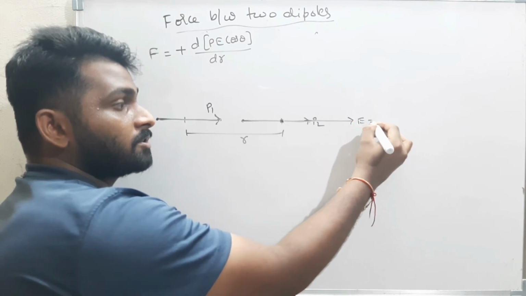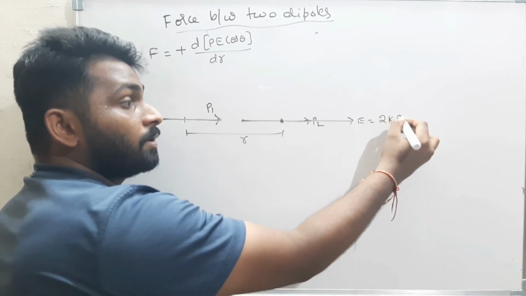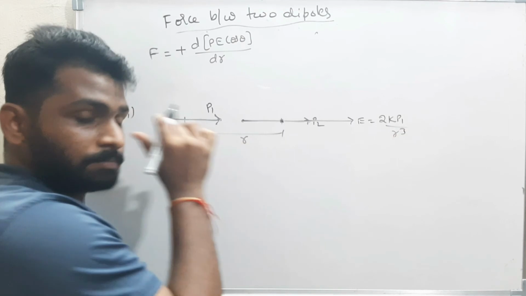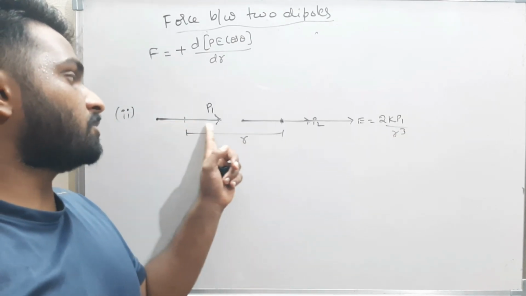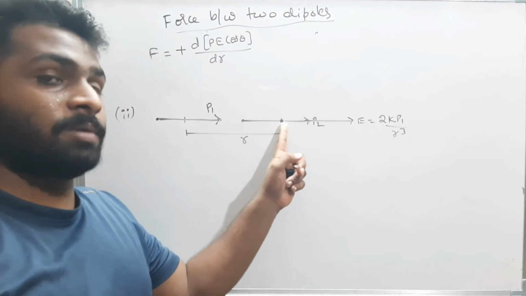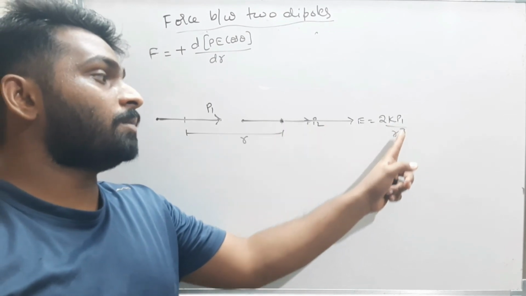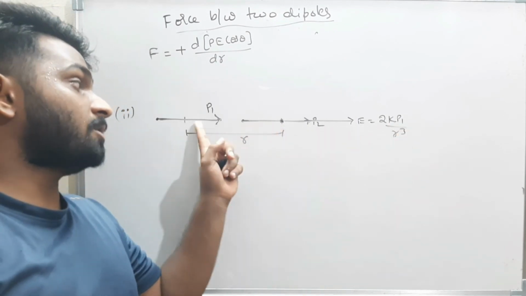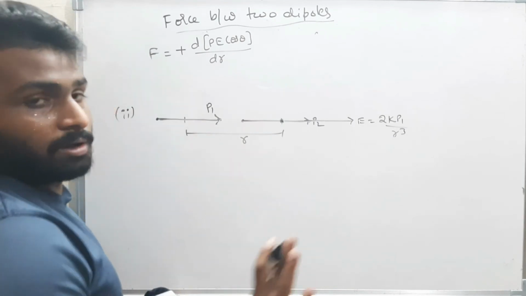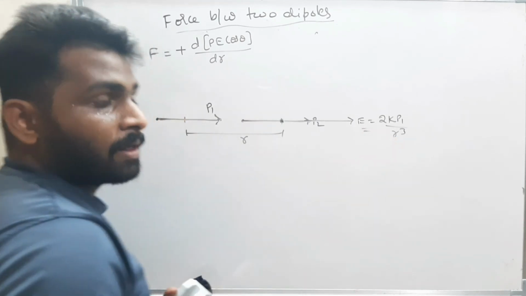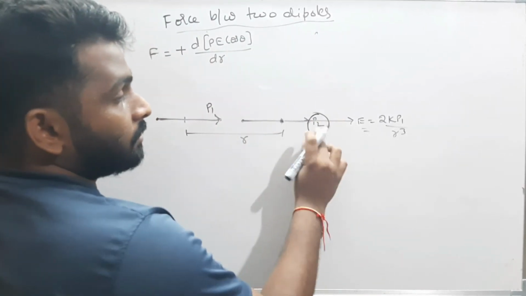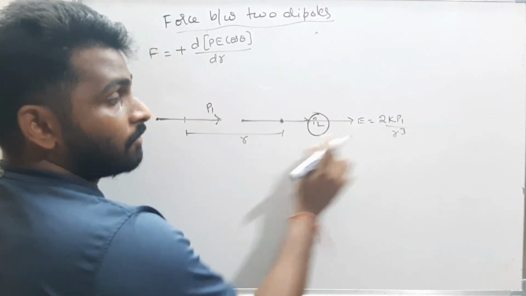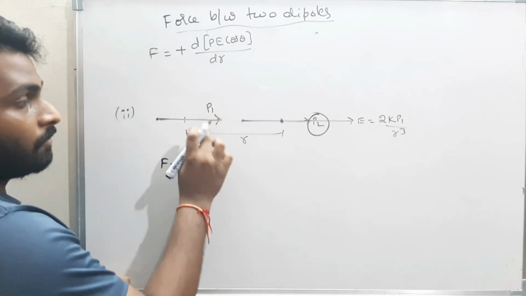What is the electric field? 2k P1 by r cubed. Because of this dipole, the electric field at this point is 2k P1 by r cubed, because this point is in the axial position for this P1. Okay, now I got the electric field. Now this P2 is in this electric field. Therefore, what is the force between these two dipoles?